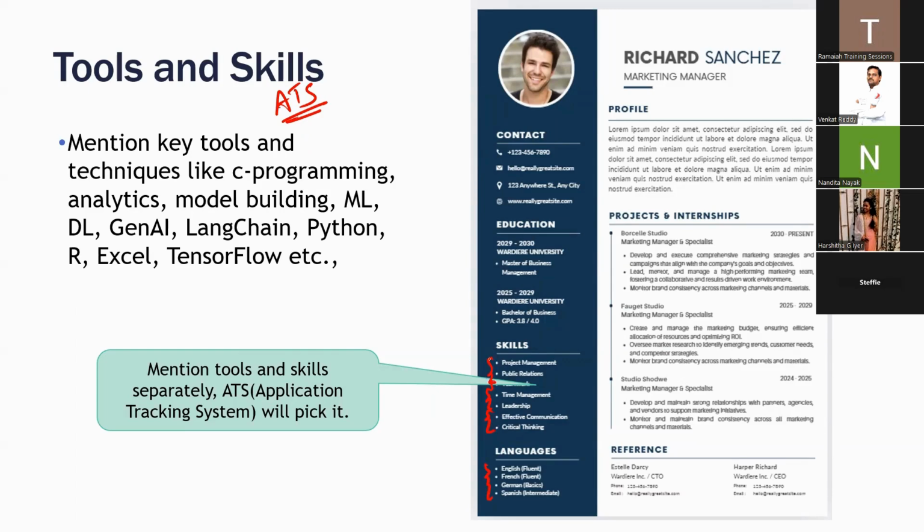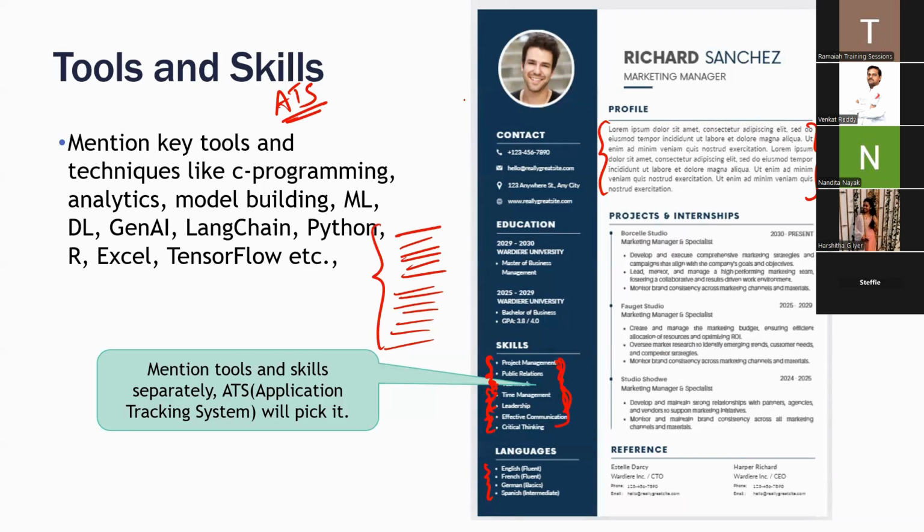These bullet points must be there. No matter what you have written here, it will be difficult for ATS to get that. But if you're writing these bullet points, then it will be easy for the ATS to pick whatever the skill, whatever the tool that you want to show.